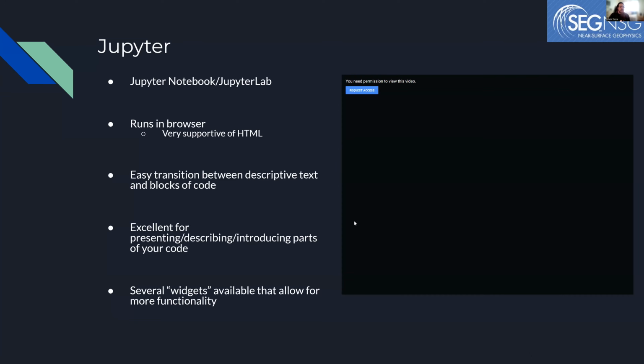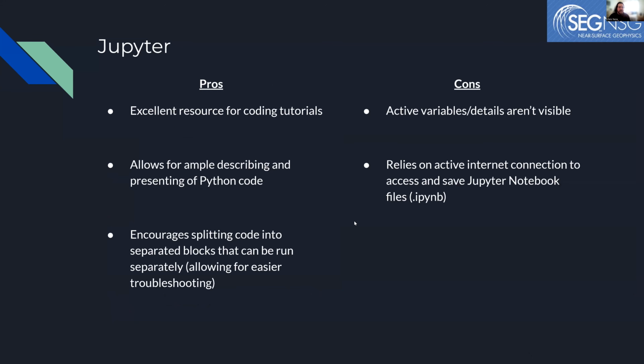There we go. A few pros and cons. Like I said, it's an excellent resource for coding tutorials, because it can give adequate background, support and description to whatever code you're using, and it allows for very ample description and presentation of your Python code. One thing that I think gets overlooked is that the way Jupyter notebooks are set up really encourages splitting your code into separate blocks that can be run separately.